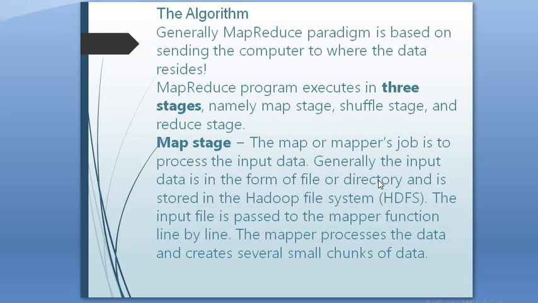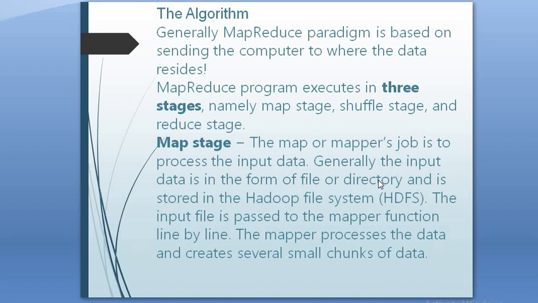Generally, the MapReduce paradigm is based on sending the computer to where the data resides. A MapReduce program executes in three stages, namely map stage, shuffle stage, and reduce stage. Map stage: the mapper's job is to process the input data. Generally, the input data is in the form of a file or directory and is stored in the Hadoop file system.